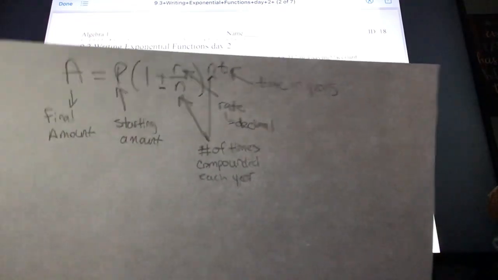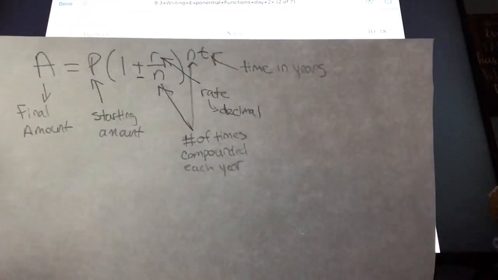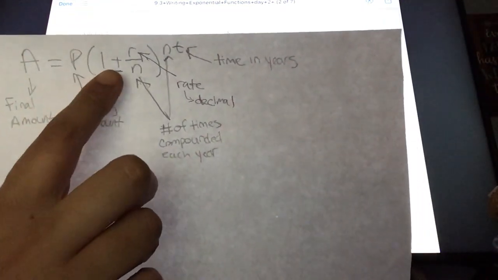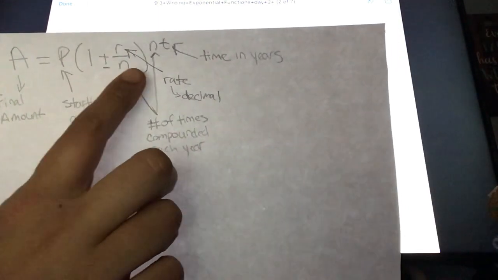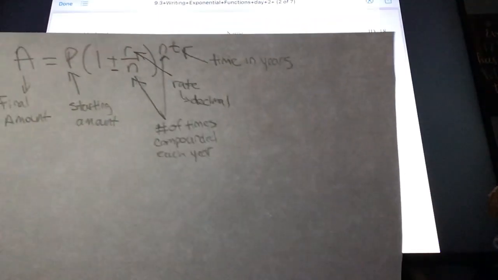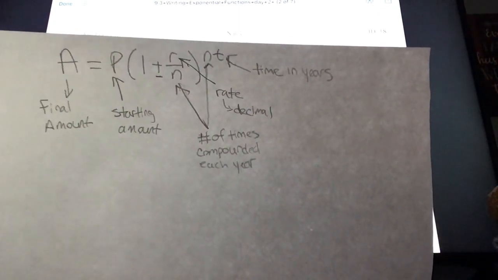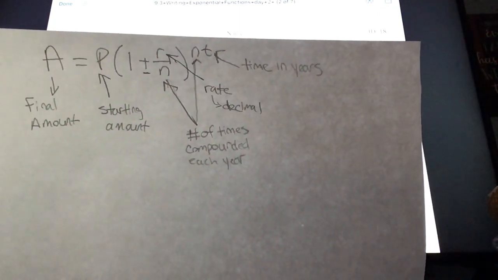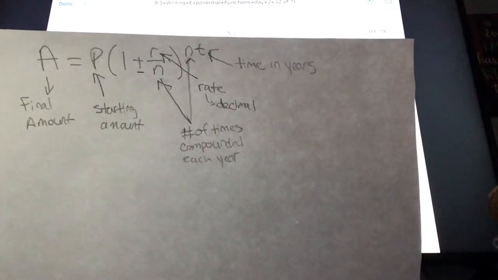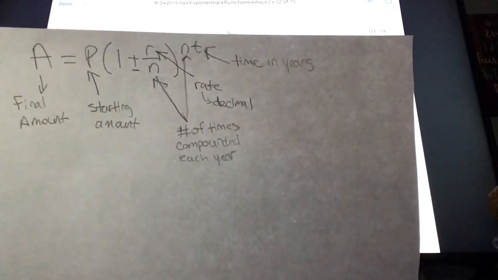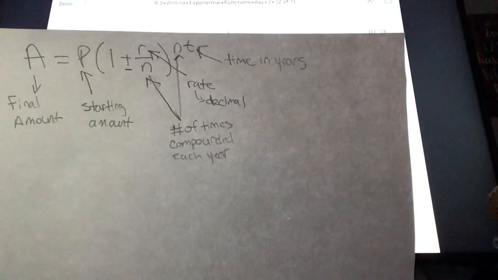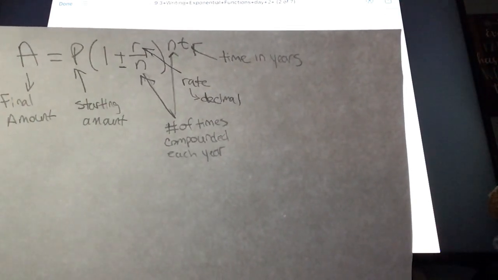Here are your notes. We have A equals P times the quantity 1 plus R over N, to the NT power. And the parentheses are important today. So again, pause the video. A is going to be that final amount. That was our Y yesterday. P is that starting amount. Where you're going to see some differences is that N, really.